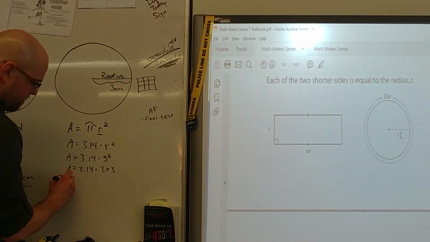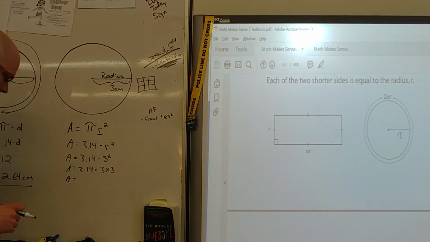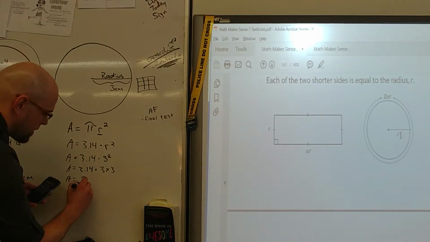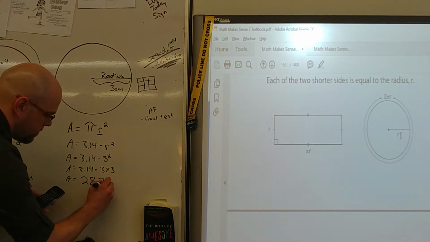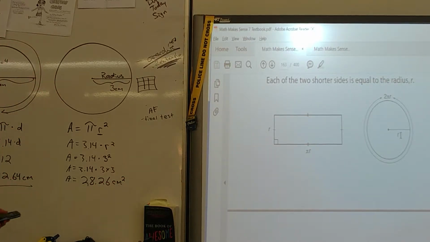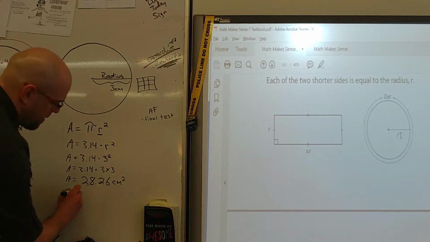Once I have that, I can punch that into my calculator and I can figure it out. Just for simplicity's sake, instead of using the pi button, I'm going to use 3.14, which I accept in our classroom. And I now have 28.26 centimeters squared. And I use squared because that is an area.